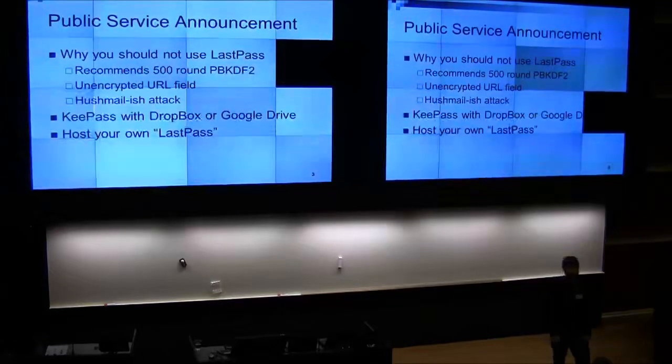Now, HushMail, if you're not familiar with it, was a web program for encrypted email, and they were asked to get the encrypted keys from users, and then they injected JavaScript. The attack with LastPass is that there's this iterations error code when you log in.